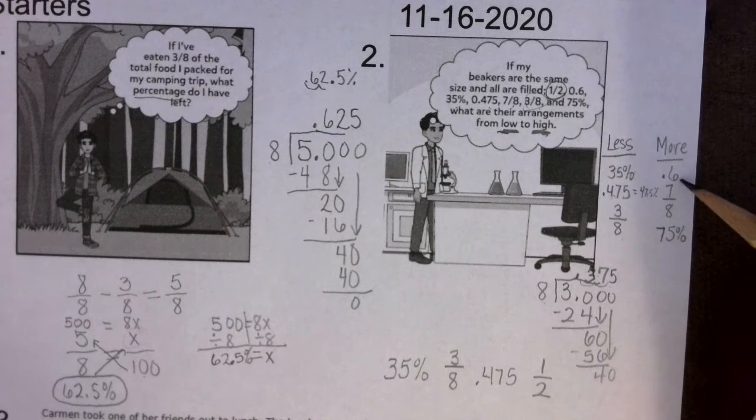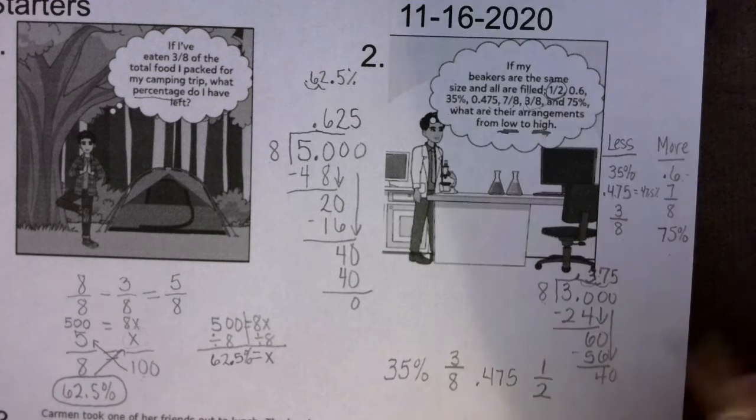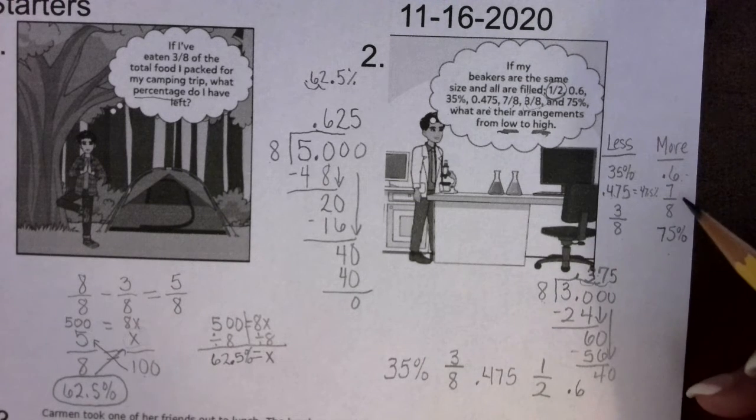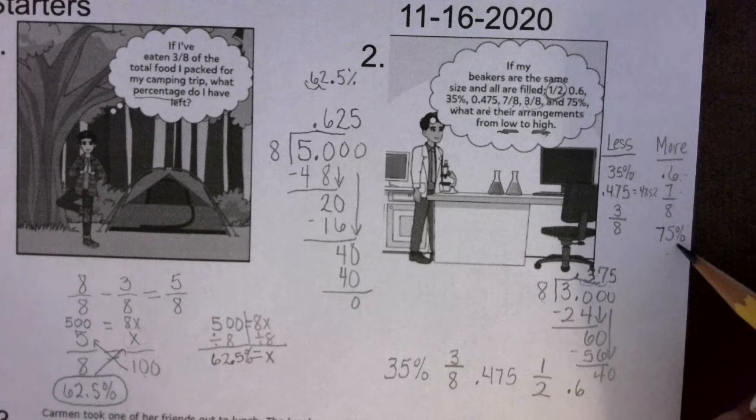And then as I look at my 3 that are here, you should know that 6/10 is 60%. I'm going to put this over here. And then I'm looking at 7/8 and 75% to try to see which one of those is bigger.